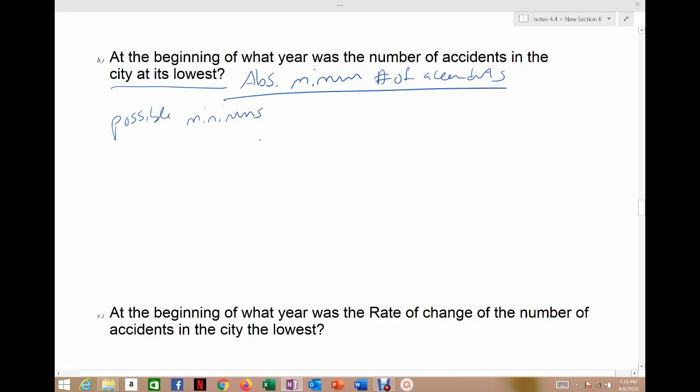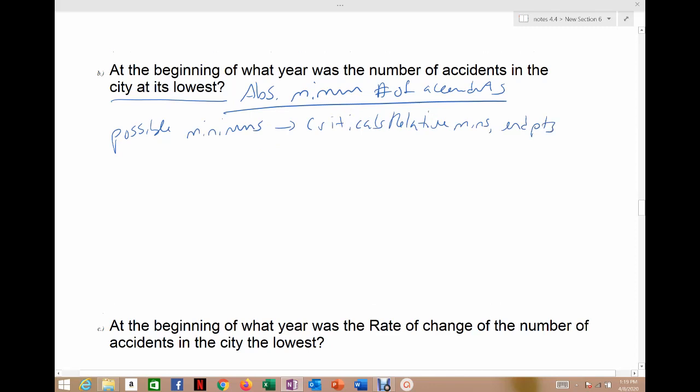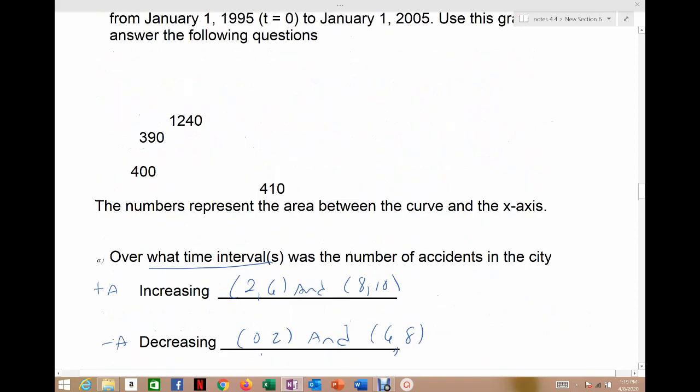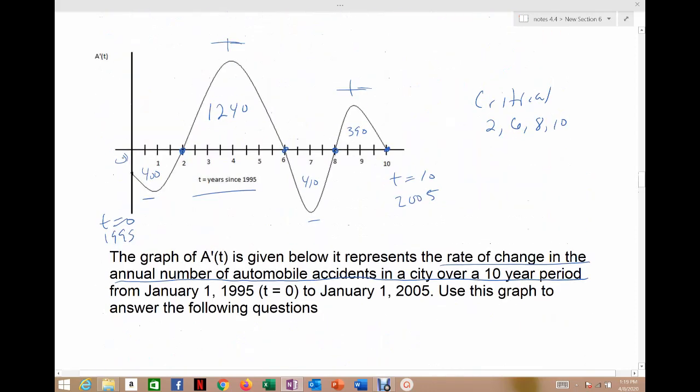My possible minimums are either at critical values that are relative minimums, or endpoints following a minimum where I'm losing. All right, so I'm going to go look at my graph and figure out which of those cases I'm looking at. So 0 is an endpoint.